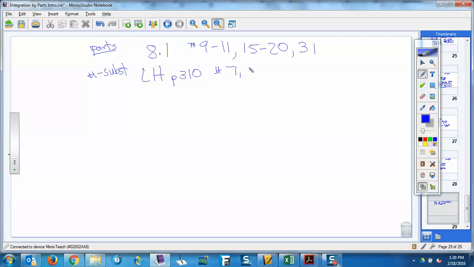Let's do that line there. 7, 9, 16, 19, 24, 35, 37, 43, 48. So that's about 9 problems and another, that's about 15 problems. So that would be pretty good practice right there. Okay? So here is that packet.